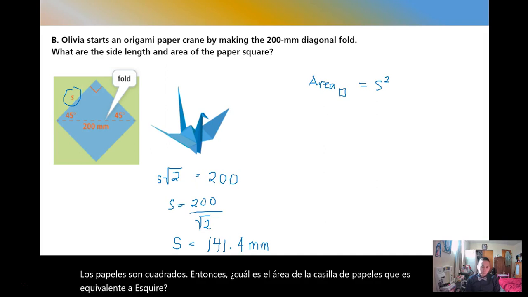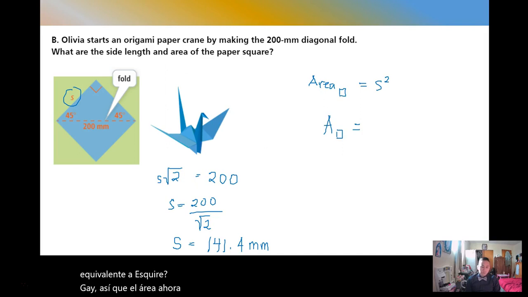So the area of that square is equal to 100 square root of 2, squared.